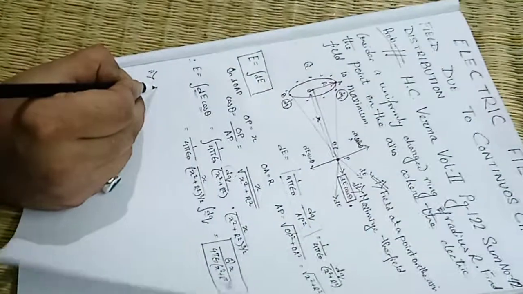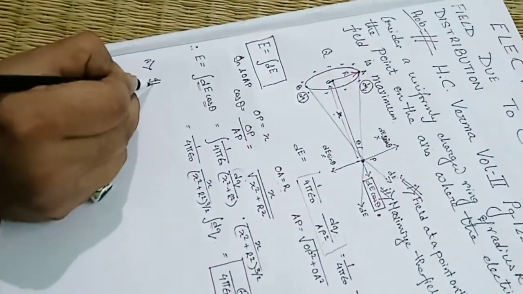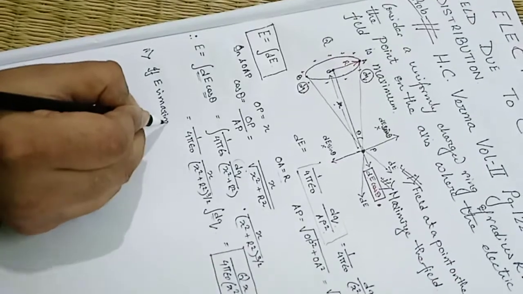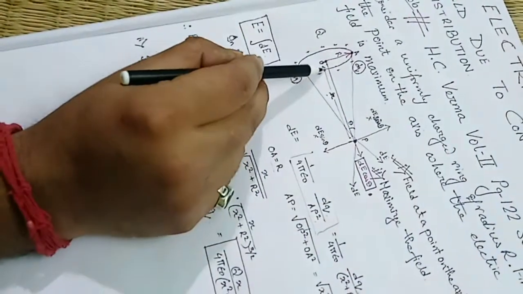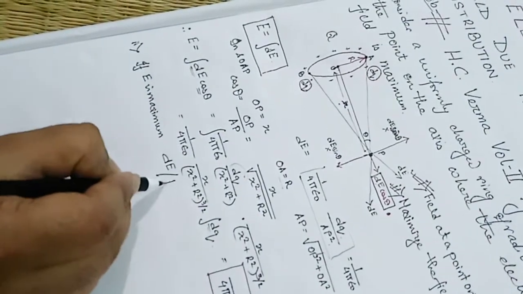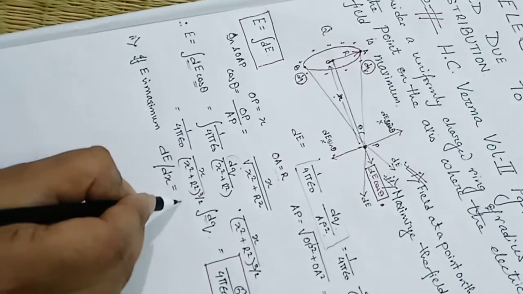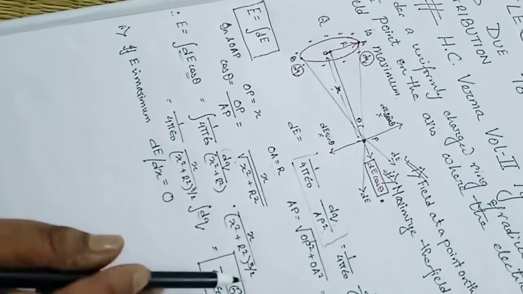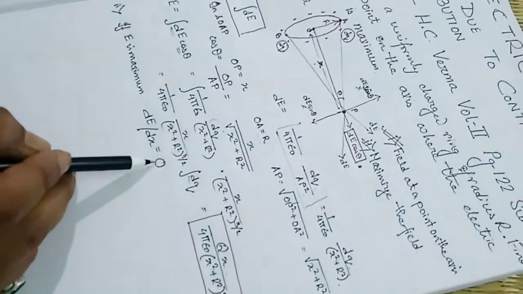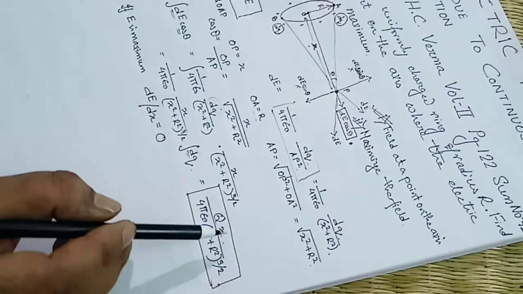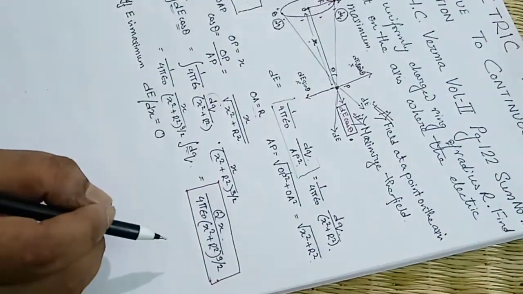By differential calculus, we know if E is maximum, the variable here is the distance x, so dE/dx will be equal to 0. That is, if I differentiate this quantity with respect to x and equate it to 0, we find the value of x for which the field will be maximum.